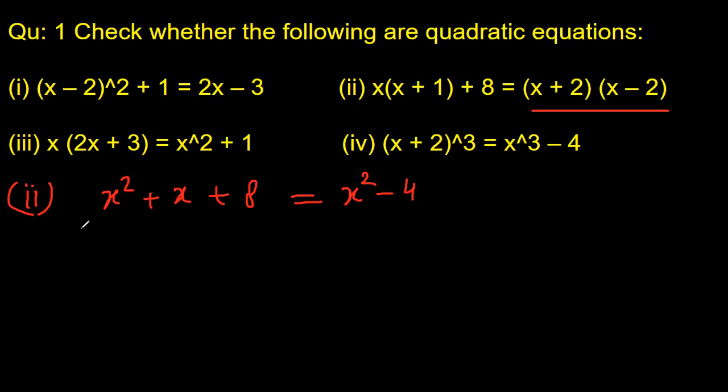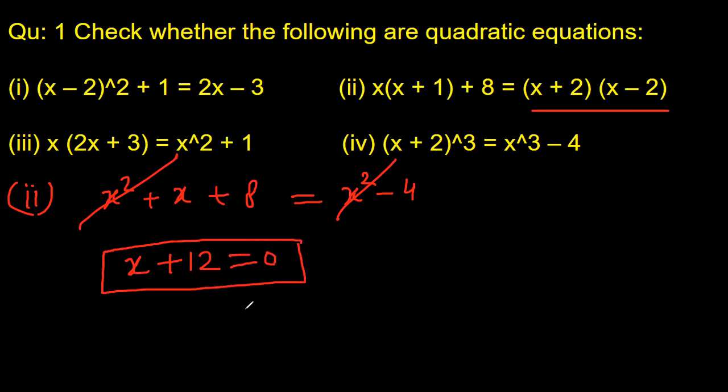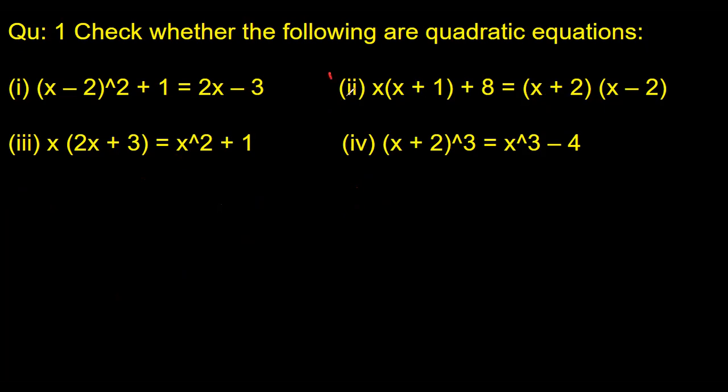And we can see easily this x squared and x squared get cancelled. Obviously, this is not a quadratic equation. What are we left with? X plus 12 equal to 0, which is a linear equation, so not a quadratic equation. All right. So the second one is not. First one is a quadratic equation.